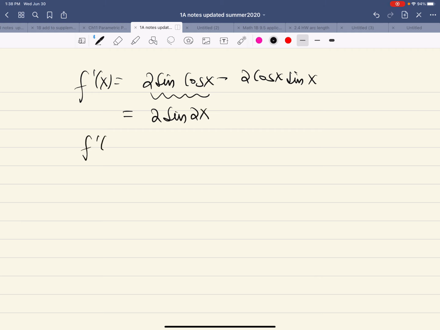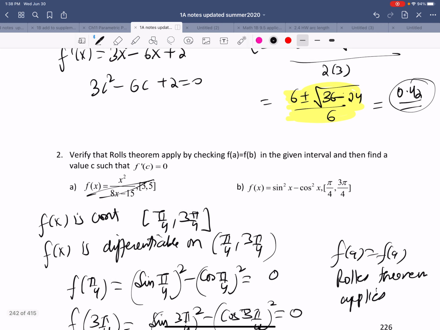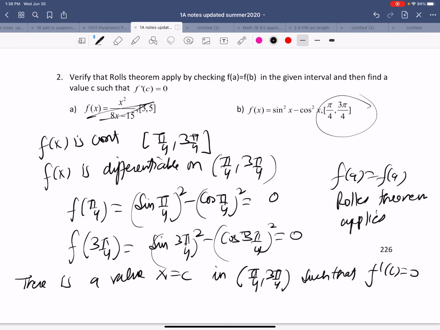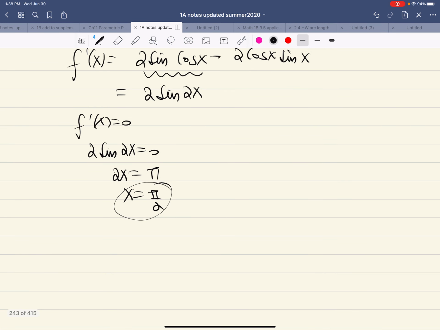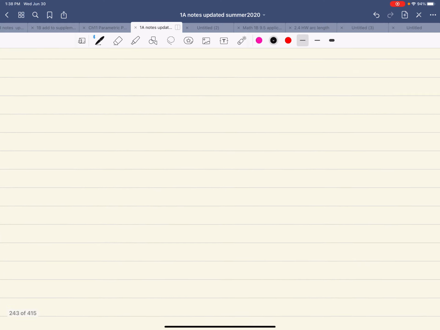We want to set the derivative equal to 0, or we can plug in the c if we want. It's probably easier to think about in terms of x. So f prime of x is equal to 0. 2 sine of 2x is equal to 0, which is going to happen when 2x is equal to pi and x is equal to pi over 2. And pi over 2 does lie in the interval, so that's the point we were looking for. So c, or x, is equal to pi over 2.